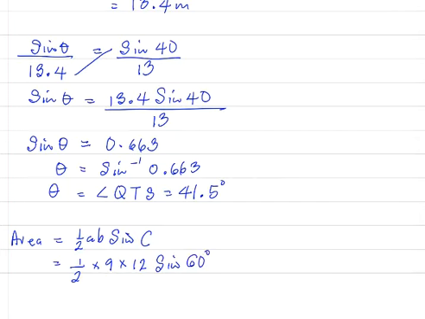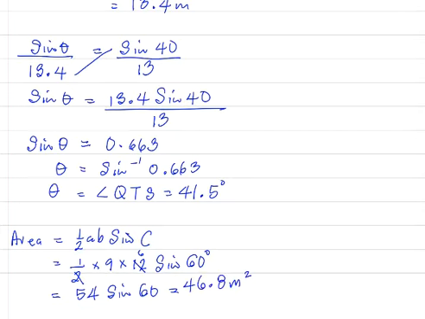A half of 12 is 6, so this is 54 sine 60, which is equal to 46.8 meters squared.